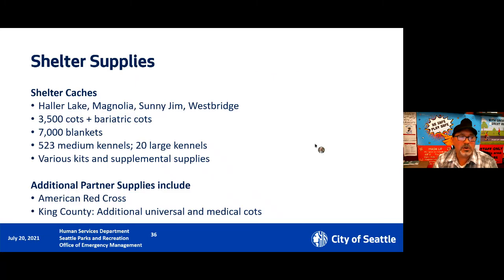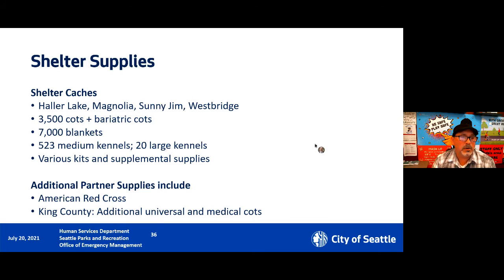So again, we have 4 shelter cache sites located at Haller Lake, Magnolia, Sunny Gym, which is just off Airport Way, and Westbridge, that's located on West Marginal Way in West Seattle.